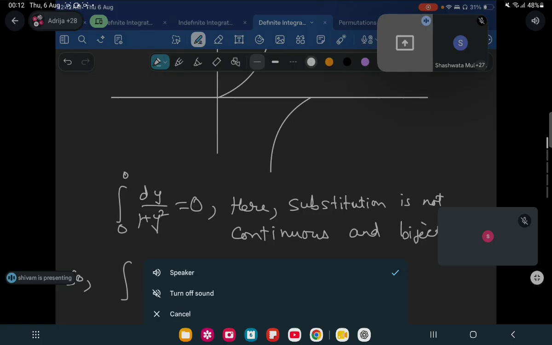So the final integral will become, you have to break it like this. Integral of 1 plus tan square x divided by 1 plus tan square x dx from 0 to pi will become integral from 0 to pi by 2 of 1 plus tan square x upon 1 plus tan square x dx, plus the same thing from pi by 2 to pi.